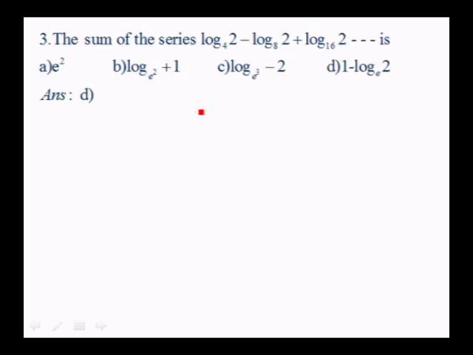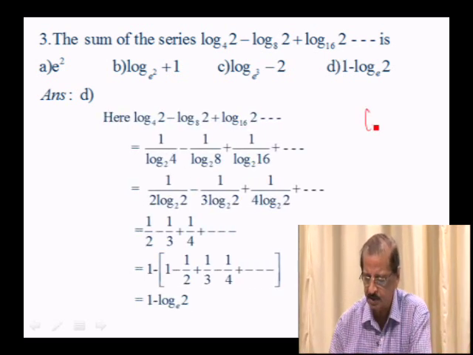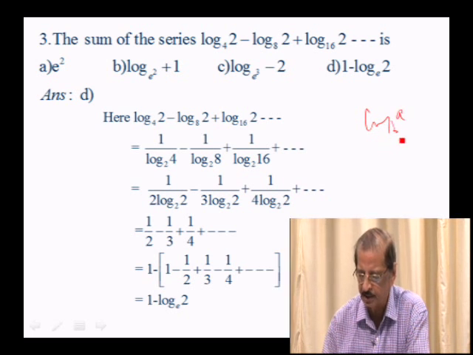The sum of the series log 2 to the base 4, log 2 to the base 8, log 2 to the base 16, etc. is... see, here I change the base of all terms. You know that log a to the base b is equal to 1 over log b to the base a.